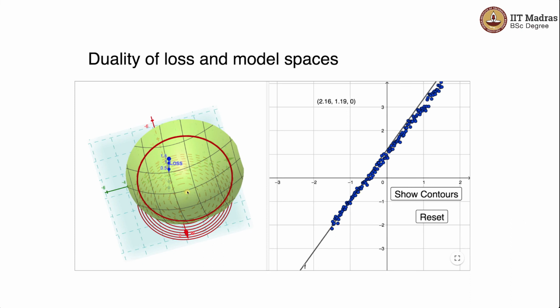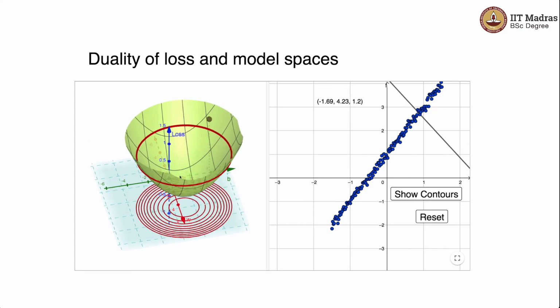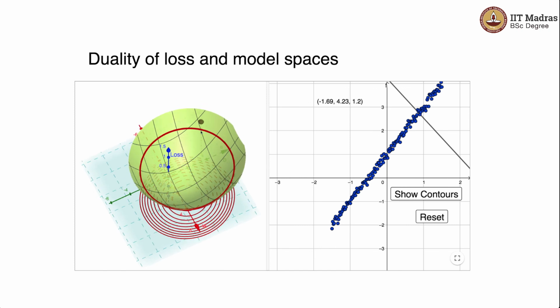So the points closer to the bottom get us better fitment than other points that are away from this particular bottom, right? As we go, let's say over here, we get a model that has a very poor fitment. Got it?